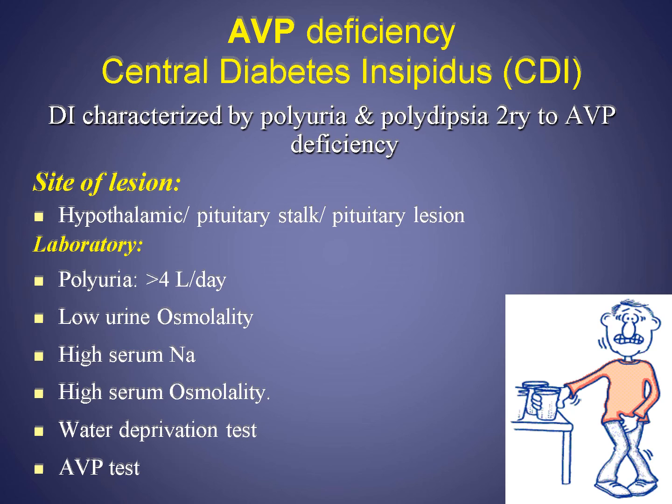The defect is either in the hypothalamus, pituitary stalk, or the pituitary lesion itself, because as we said before, AVP is synthesized in the nerve cell bodies present in the hypothalamus, passing through the axons along the pituitary stalk, reaching the nerve terminals in the posterior pituitary lobe. So any lesion at these three sites will result in AVP deficiency.